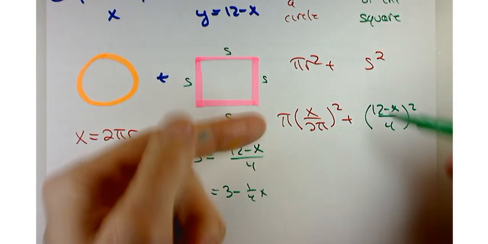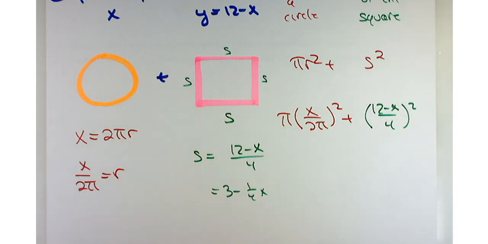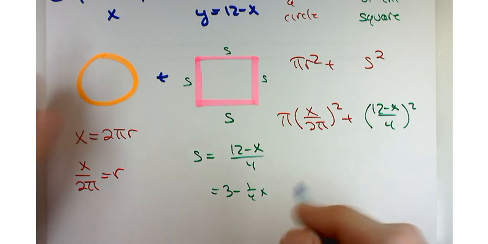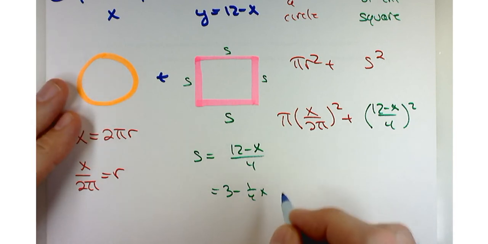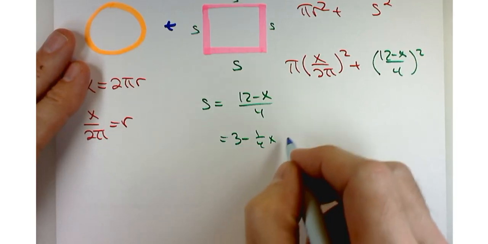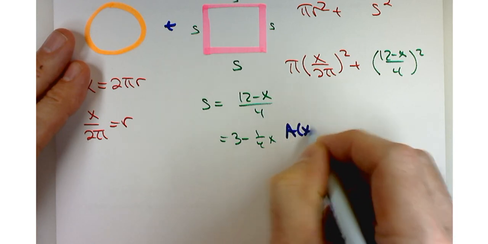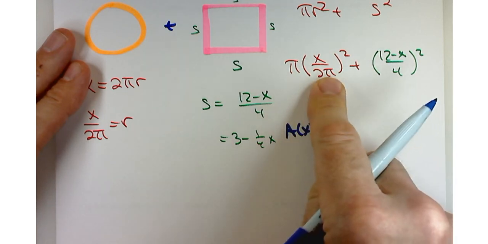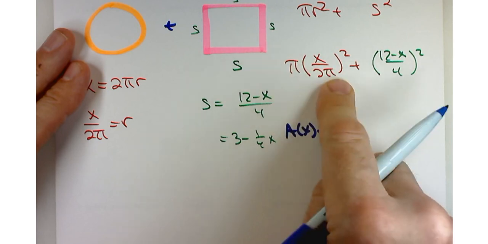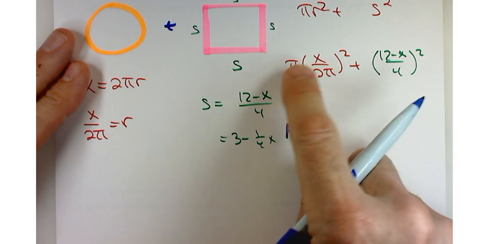And I think we've got our goal of writing this as a function of just one variable. So let's write that as f of x, or well, we can call it A of x, I suppose. When I square this out, one of the pi's is going to cancel because I have a pi squared in the denominator and a pi here.